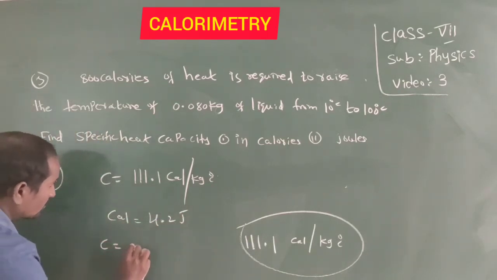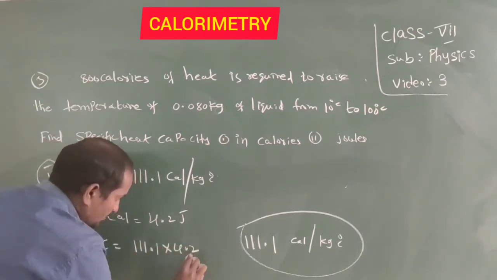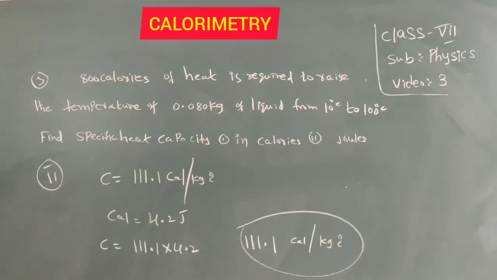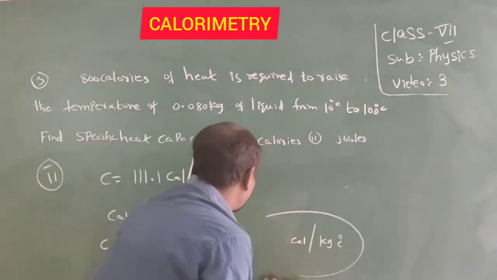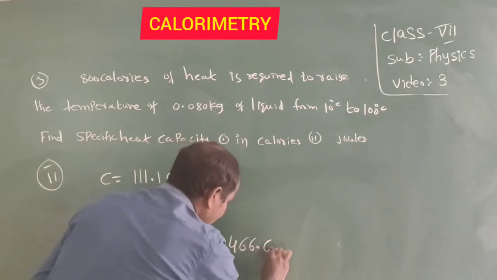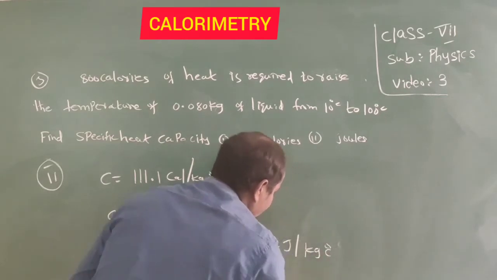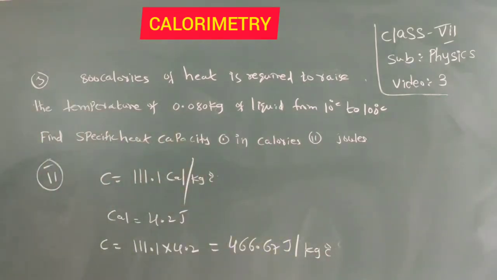So C equals 111.1 into 4.2, that equals 466.67 joule per kg degree Celsius.